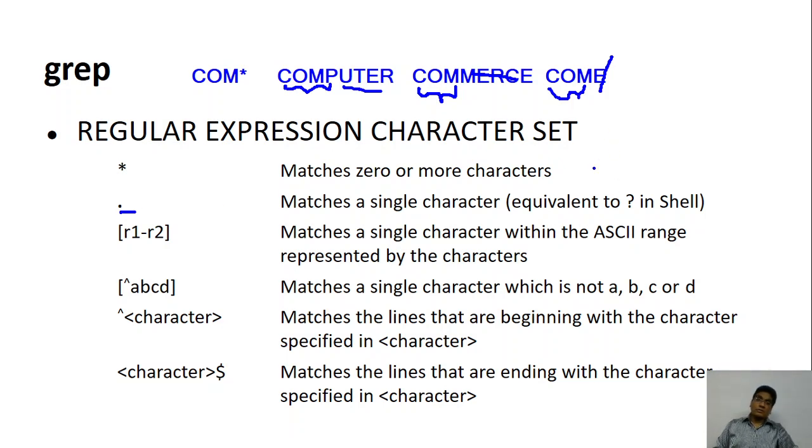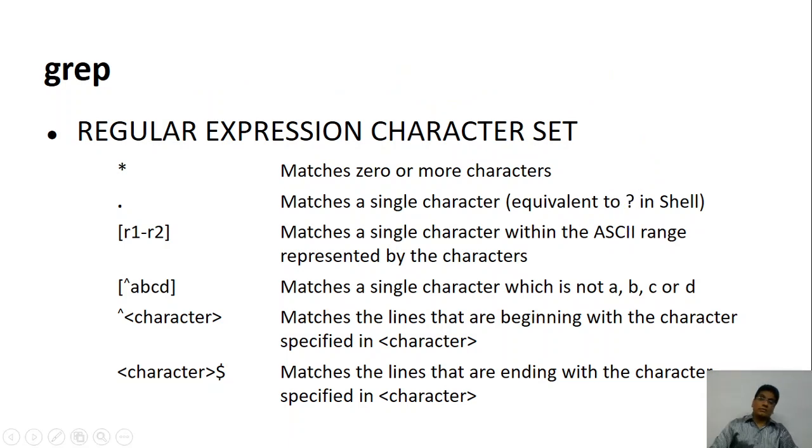For example, if you write B dot D, what are the options you get? BED, BAD, BID, you can get that. So this is one character replacement.